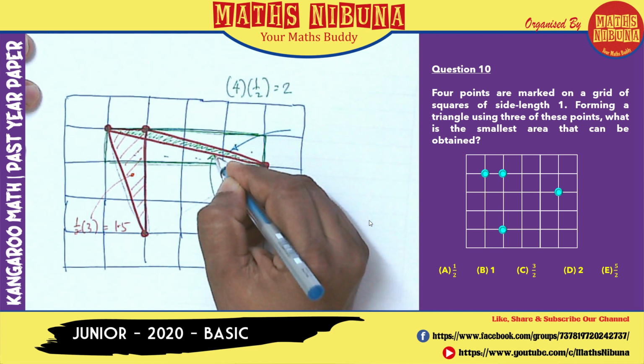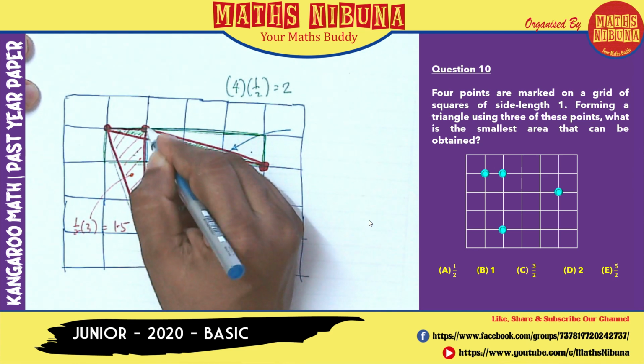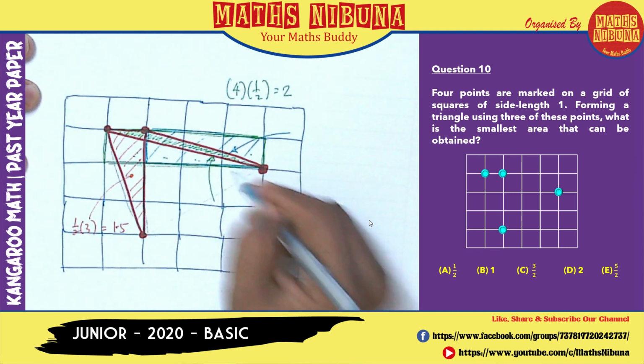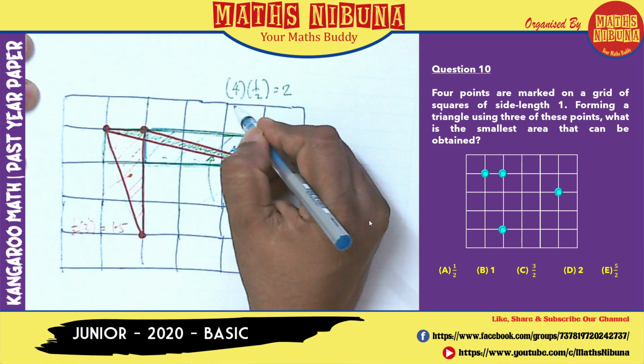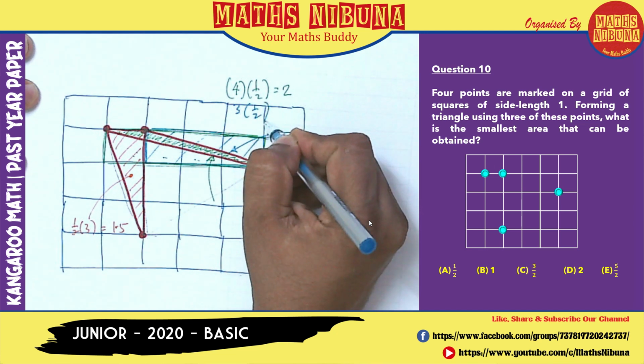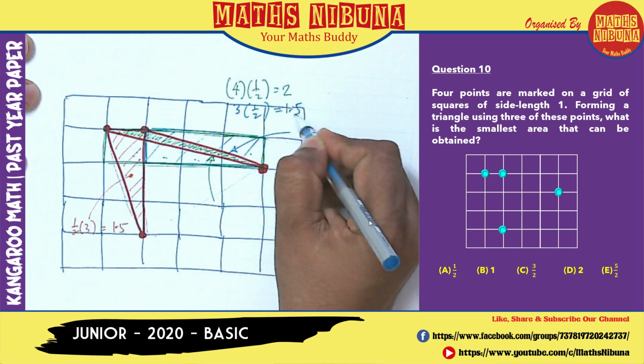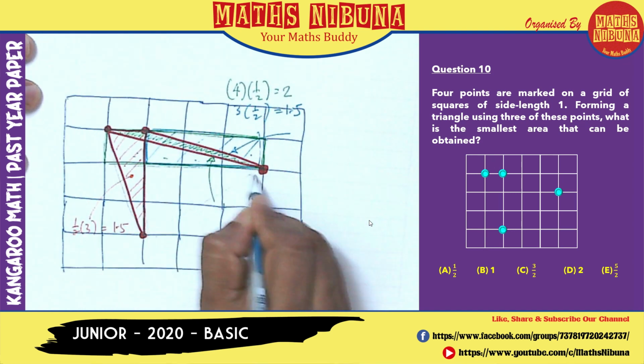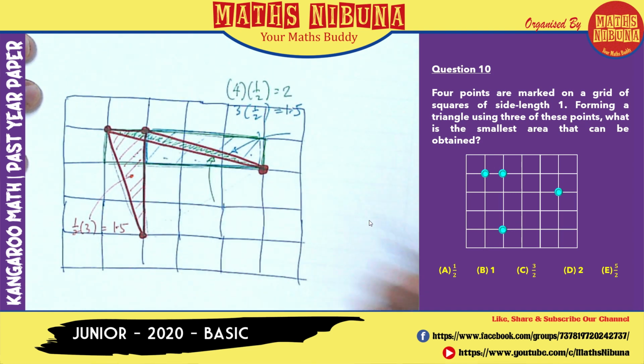Now I look at this line. This line is dividing this one, which is only 3. So it is half of 3, so this is 1.5. That means I take the overall one and minus this one, so I can get the inside one.